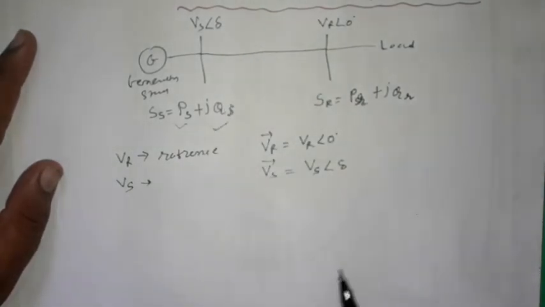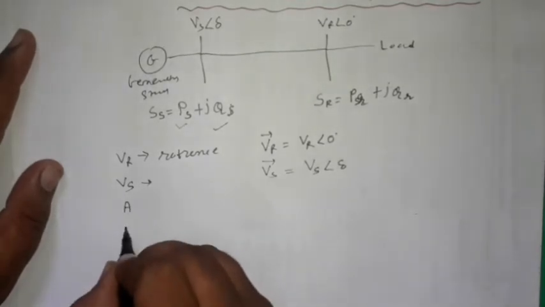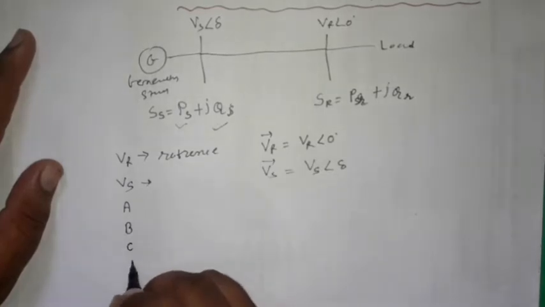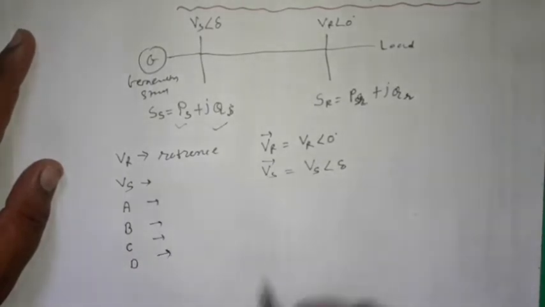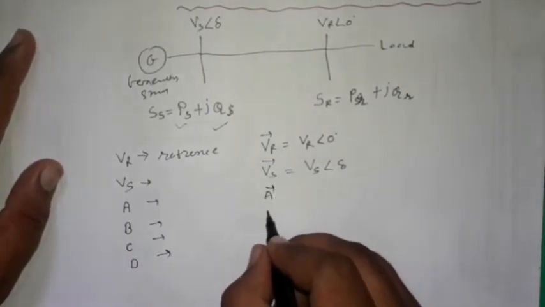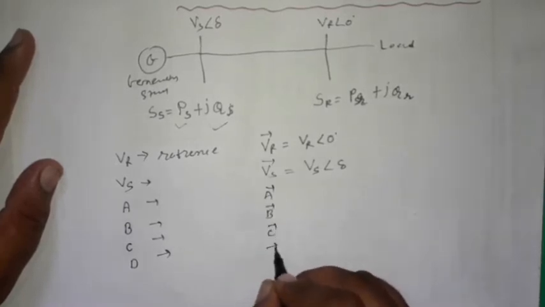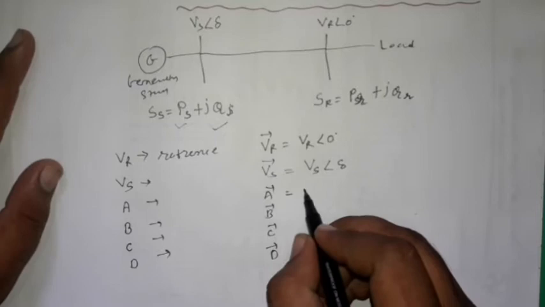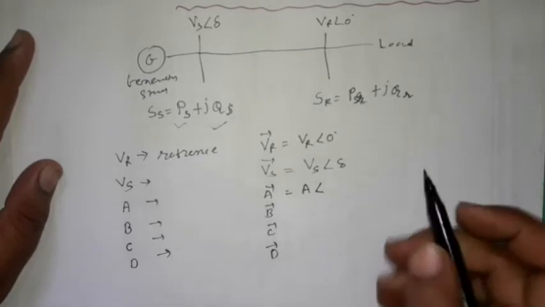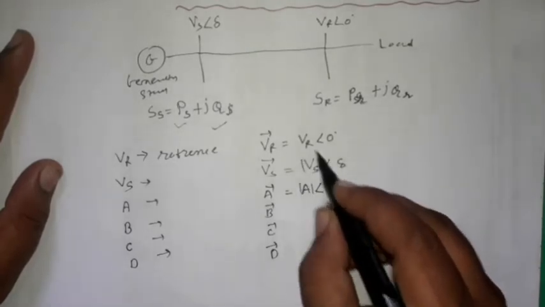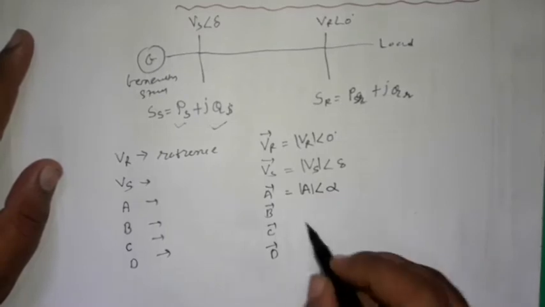Now we find the angles for our constants. Our transmission line constants, we take the ABCD parameters as our transmission line constants. So we have parameters A, B, C and D. Now for these constants we take the vector values of A, B, C and D. The vector value of A is equal to magnitude A, and for A we take the angle alpha.